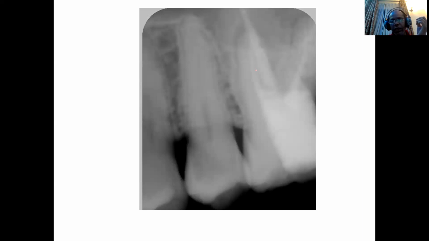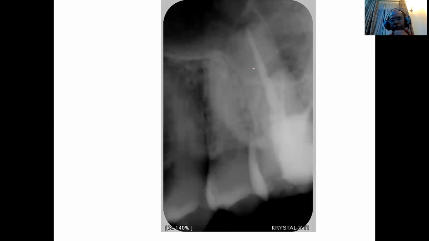So I repeated the X-ray at a more angulated view, and here the mesiobuccal root is more visible. I found the mesiobuccal canal is filled properly. As you can see here, in terms of length it is fully filled, and there are no obvious voids or spaces. So it was filled properly.